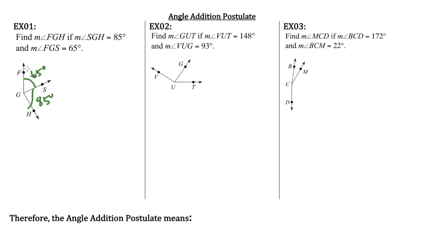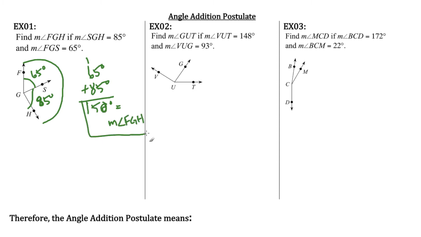So how would we get the measure of this entire thing right here? All we would need to do is add them, of course. So 65 degrees plus 85 degrees, we get 150 degrees, which is the measure of angle FGH. And that's my answer.